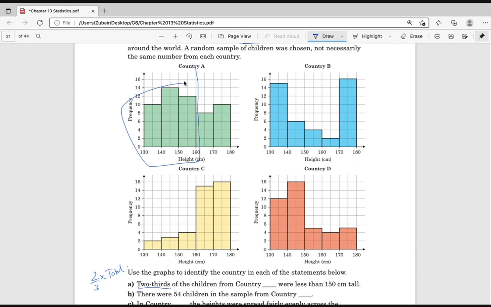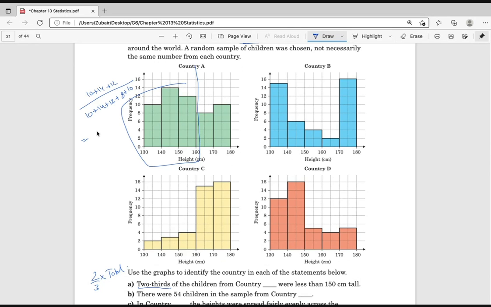The other way to do it is we can just add the number of students and divide by the total, but that would be too long. So roughly this is 10, 14, and 12, and the total is 10, 14, 12, 8, and 10.